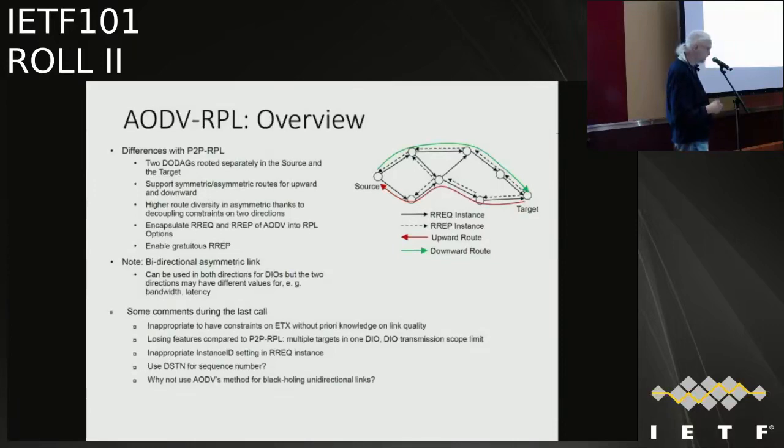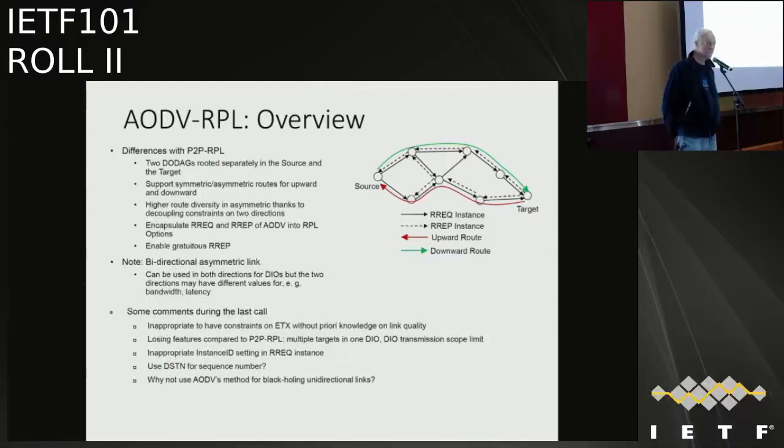Oh, yes, Pascal. If I may. There are already two sequence counters going down, and for the sake of the room it's worth saying these words. There are two sequence numbers coming down from the root. One is used when you build a new geodag, and remember, this is all formed by DIOs, not by DAO so far.